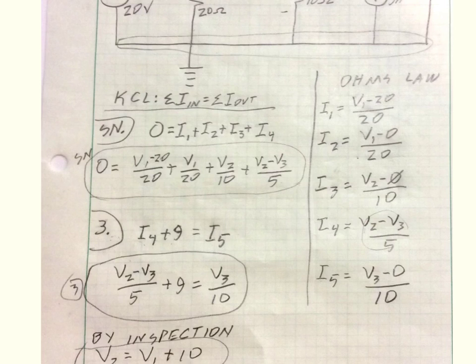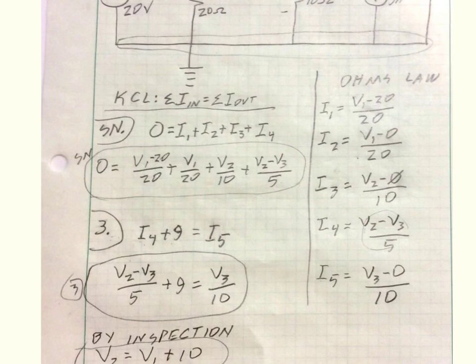Now for these currents, I need an Ohm's law version of them. Once again, for any resistor, current is the voltage drop across the resistor divided by the resistance.